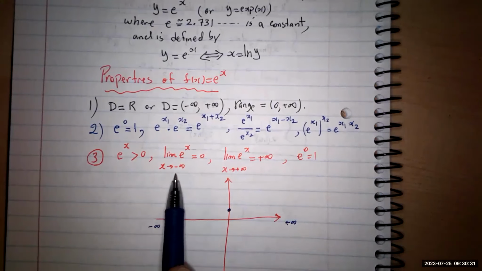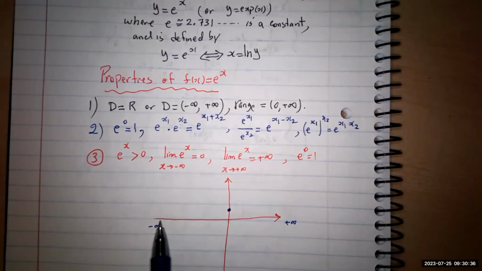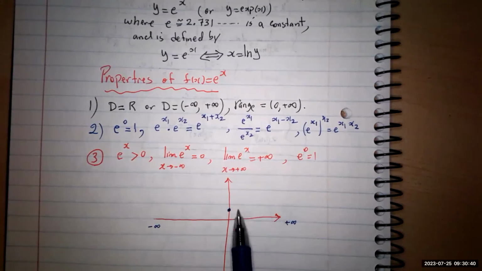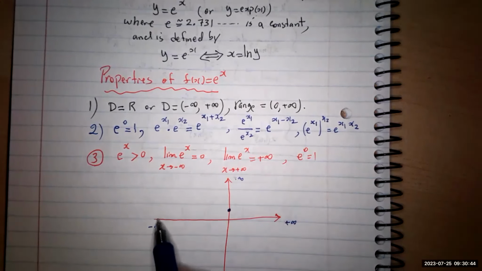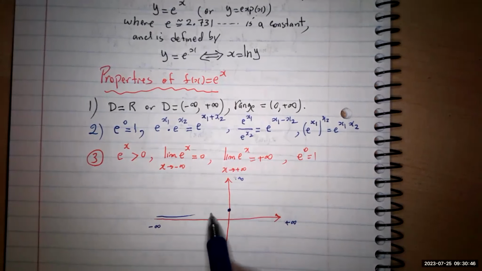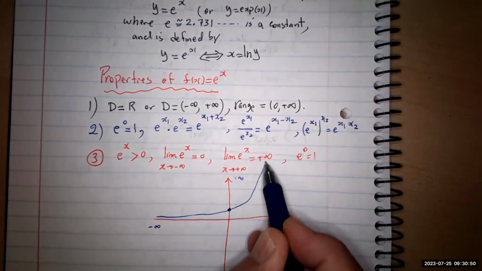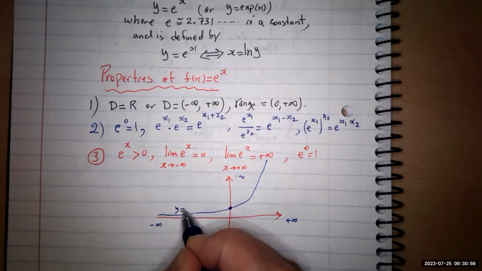So as x goes to negative infinity, it gets closer and closer to 0. When x goes to positive infinity, this would be just positive infinity, which is up, up, up. So roughly, this is going to be the graph of the exponential function. Okay, and you can use your calculator to graph it, and probably you have seen it before.